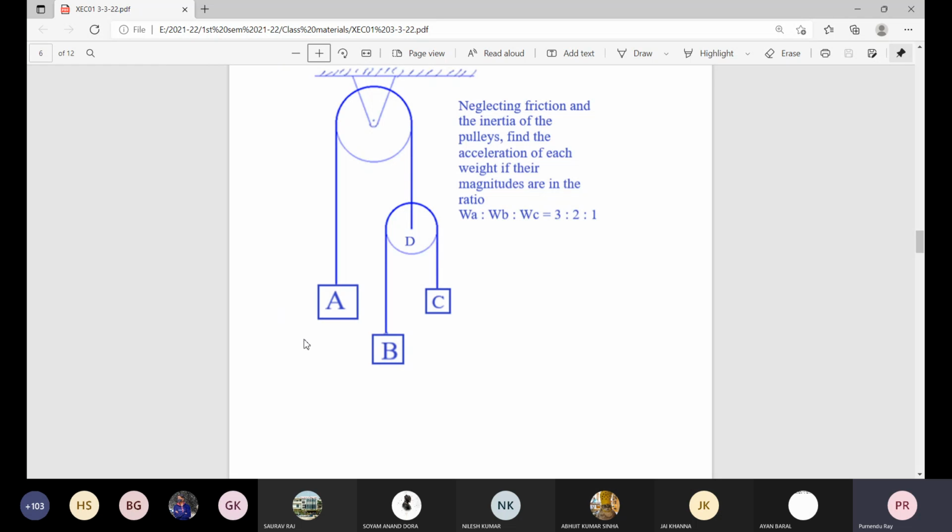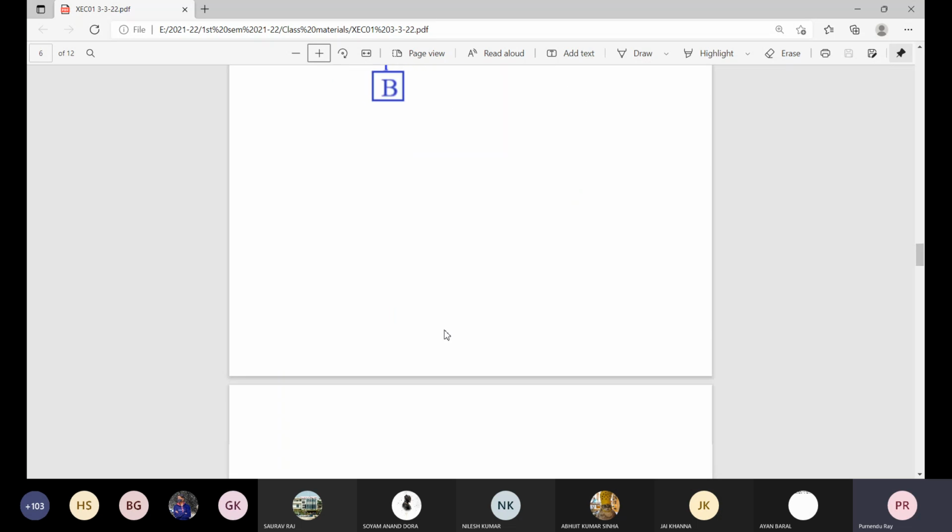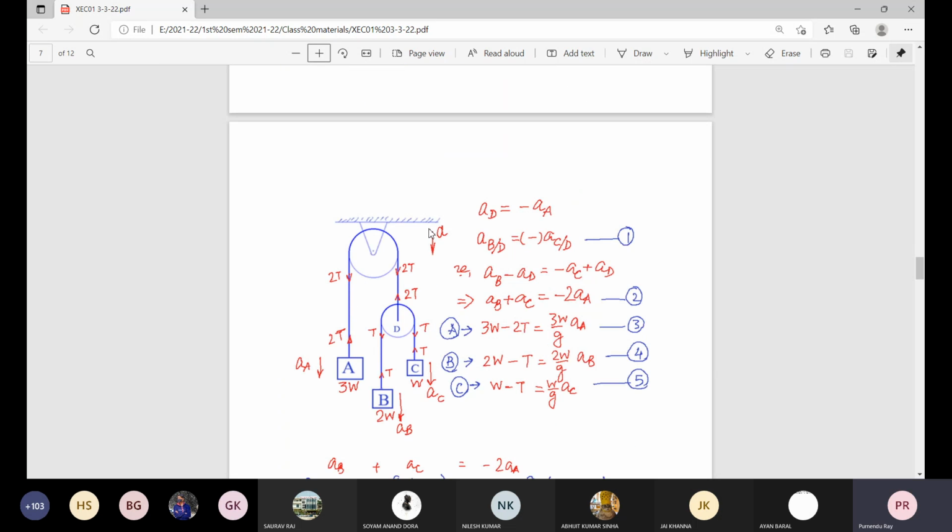So there will be some movement, and due to the movement of block A, whether it is downward or upward, there will be some effect on this pulley of center D, and it will be added or subtracted according to the movement of B and C. But we consider this downward direction as the positive direction for measuring the distance, the velocity, the acceleration, etc.